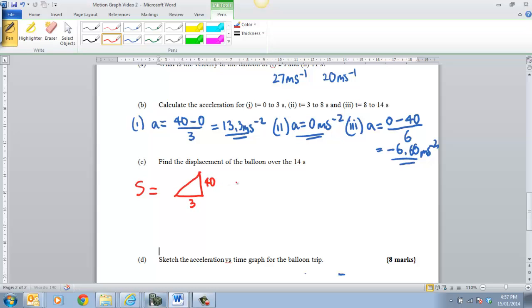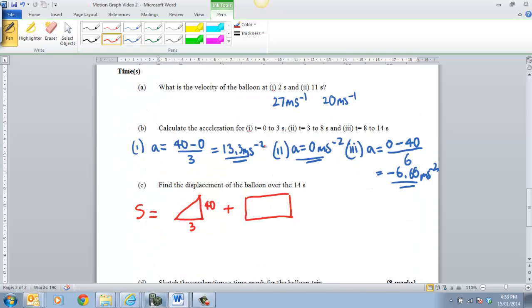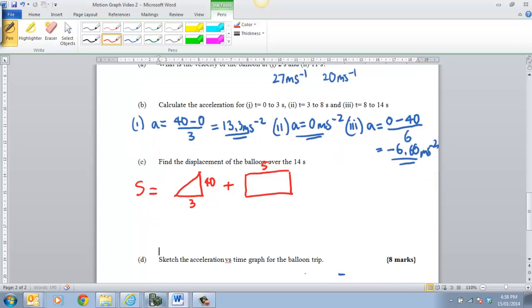It's got a distance of 3, plus a rectangle. Our rectangle goes from 3 to 8, so that's 5, so that's 5 by 40. And then our other triangle over here is going to be 40 by 6.